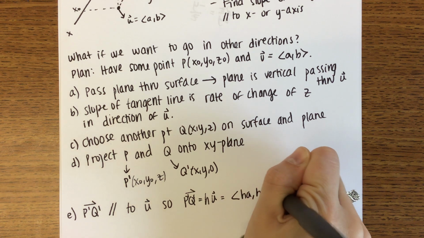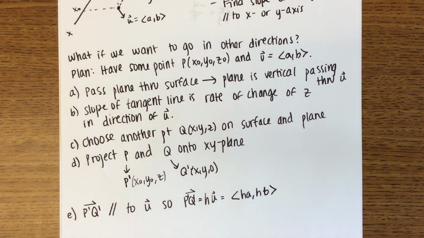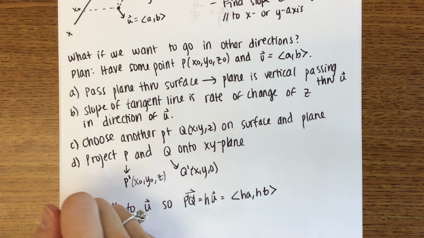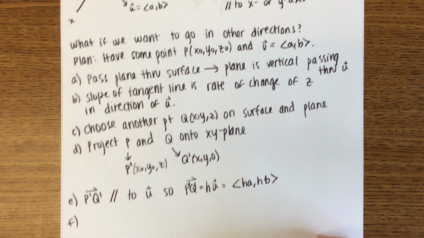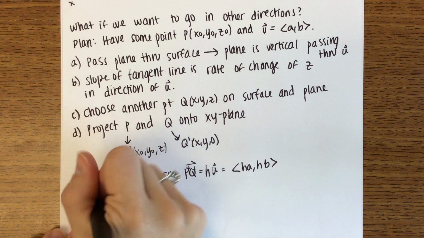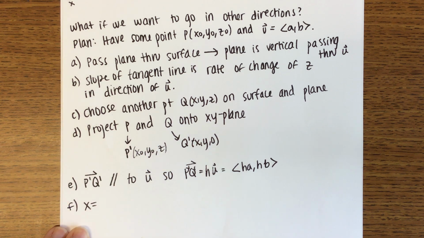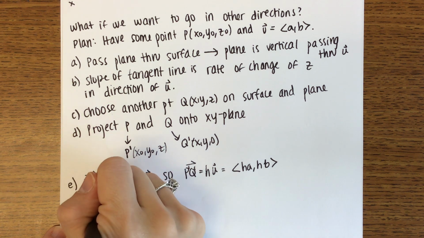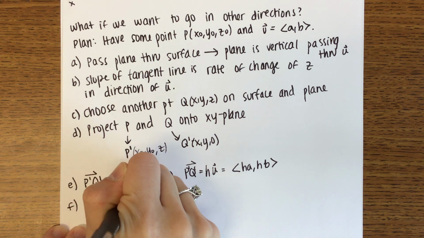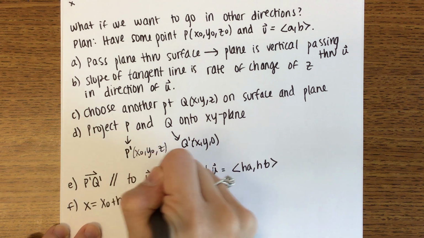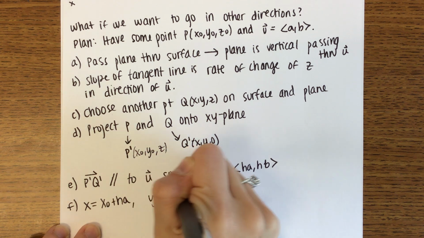And u was <a, b>, so if we multiply by h, we get the components then of ha and hb. Okay. We know that the coordinates of point Q, that x, is going to be x naught plus ha, and y is going to be y naught plus hb.